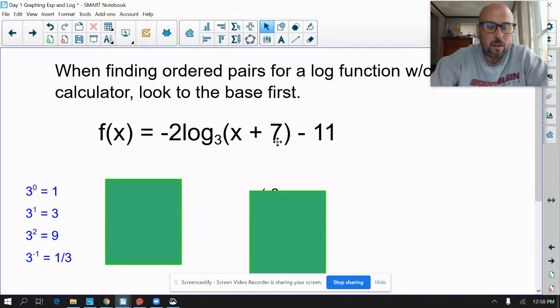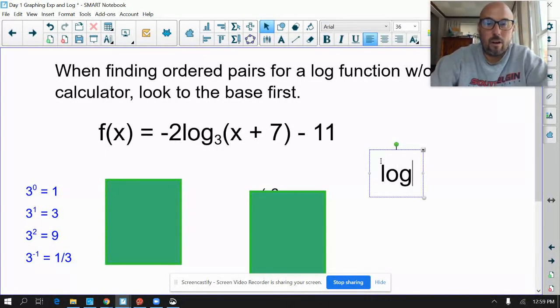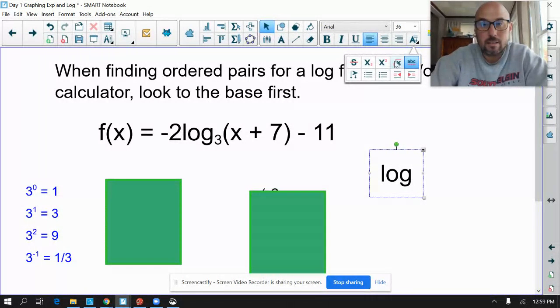When you're going to graph a logarithm without a calculator, you look at the base. The base here is 3, and that's going to help you tremendously because logarithms have values for every positive number.